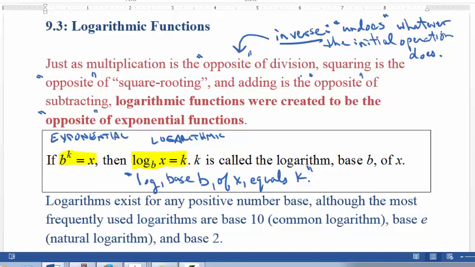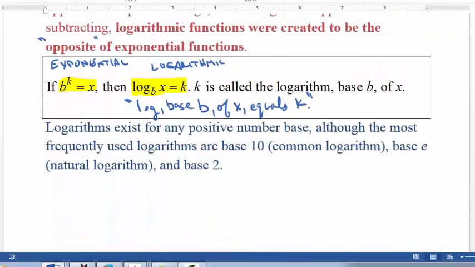And then I could turn it into the passive voice by saying this page is written on by me, right? It's really saying the same thing, just two different ways. That's what we're doing here with this exponential and logarithmic form. We're just saying the same thing two different ways.